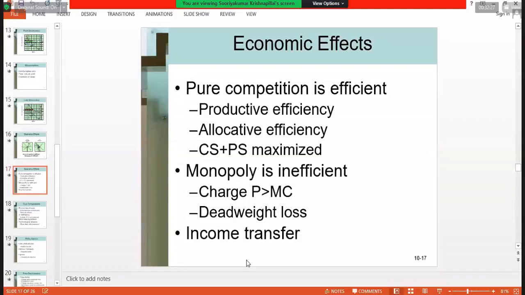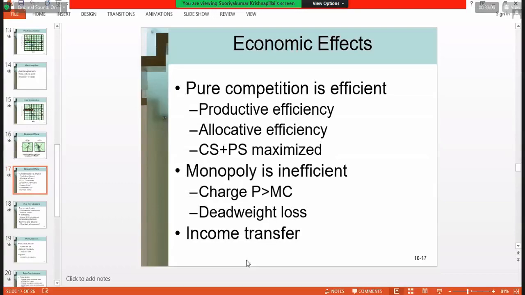We are not producing the amount that society wants. So resources are under-allocated, we allocate fewer resources to this production, and the benefit loss, the part of consumer surplus and producer surplus we couldn't achieve in the monopoly market, is what we call deadweight loss.